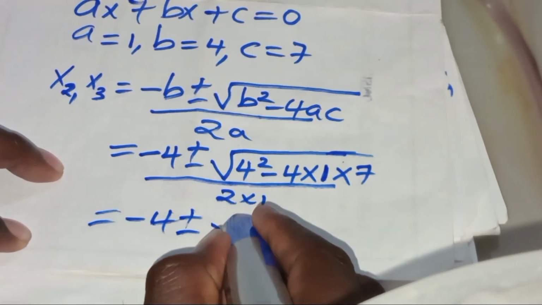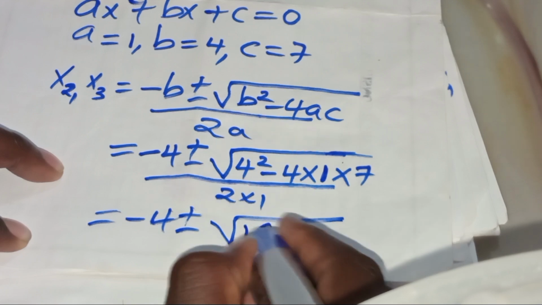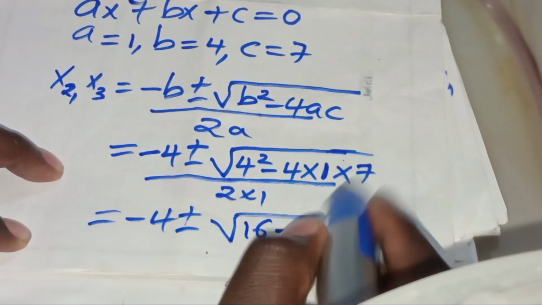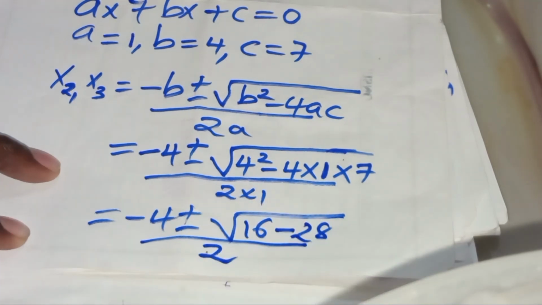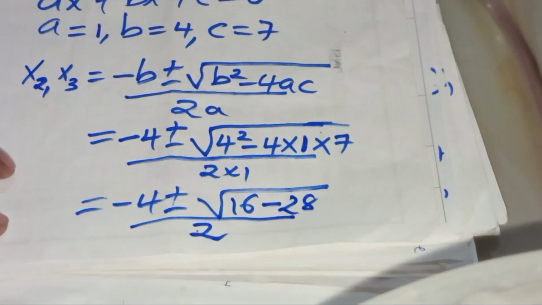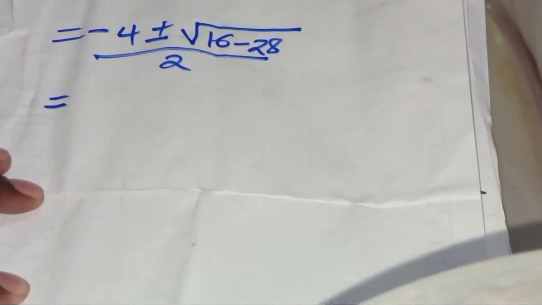Now 4 squared is 16, subtract 4 times 7, which is 28, all divided by 2. So we have (-4 ± sqrt(16 - 28)) / 2. This is basically equal to (-4 ± sqrt(-12)) / 2. Now we can express negative 12 as 4 times 3 times negative 1. So in this case, we'll have -4 divided by 2, which is -2, plus or minus.